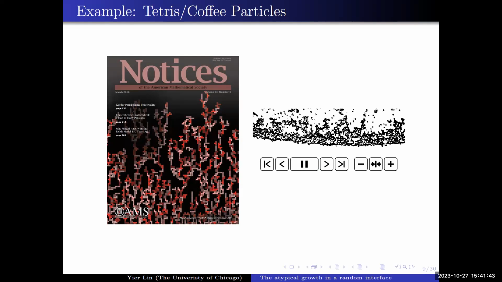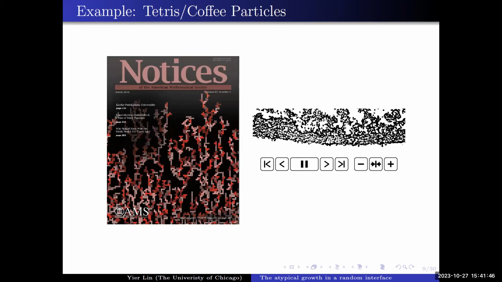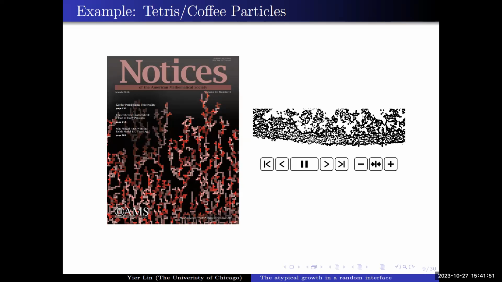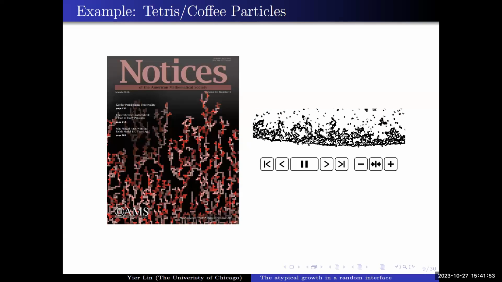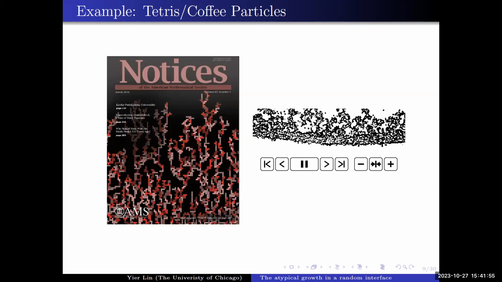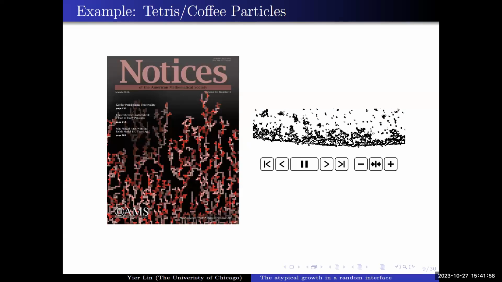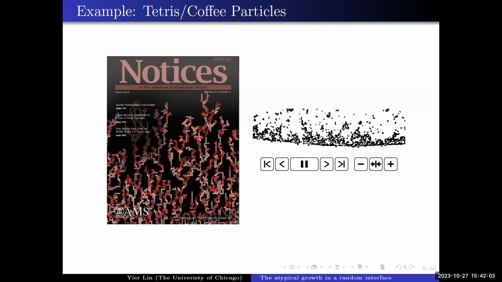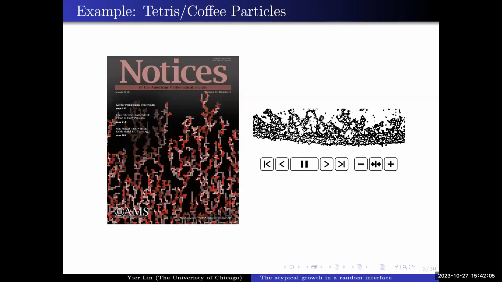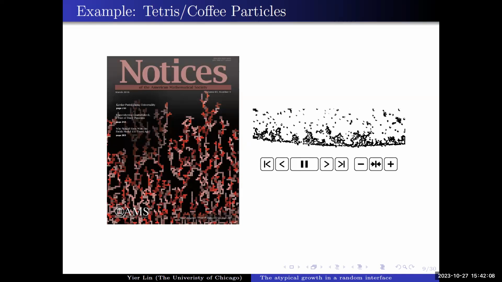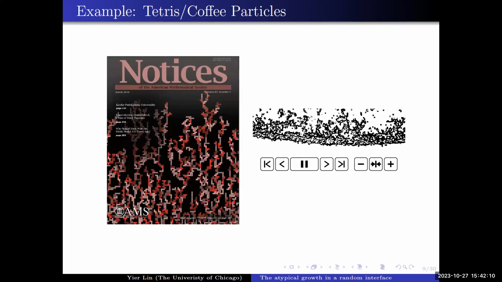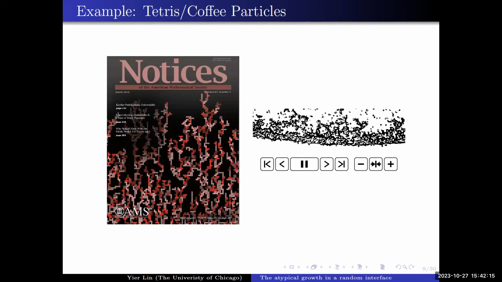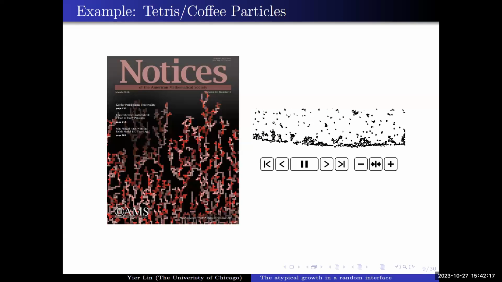This simulation is about coffee particles. When a coffee drop spills and falls on the paper, the drop becomes flattened, and you will see a coffee ring. The reason you see a coffee ring is that these coffee particles move towards the boundary of the ring. And when you look at what happens at the boundary, it's some structure that is very similar to Tetris growth.